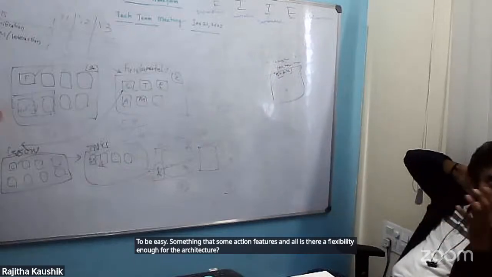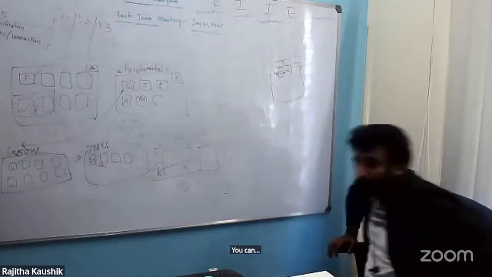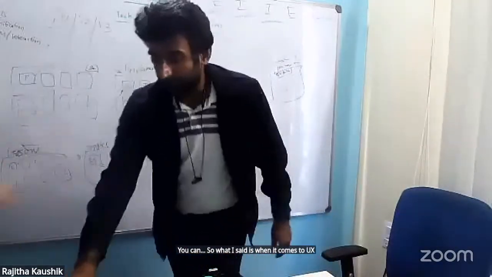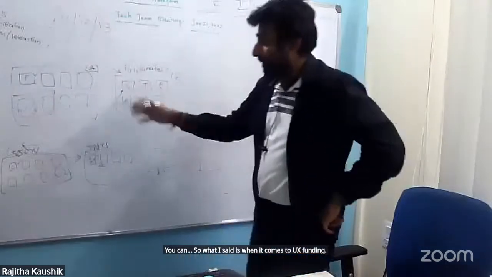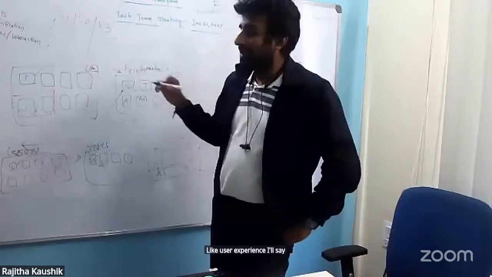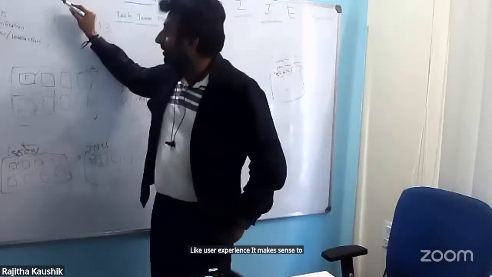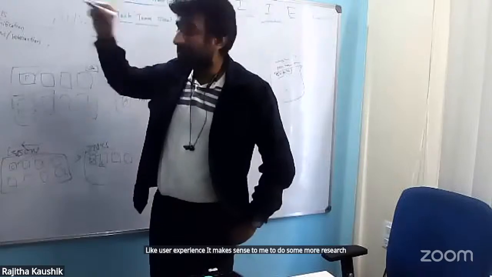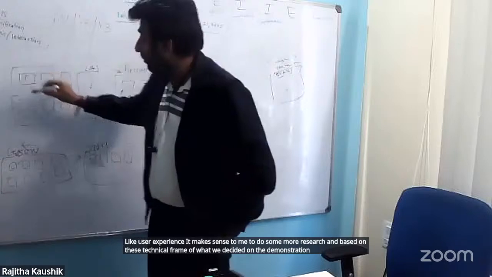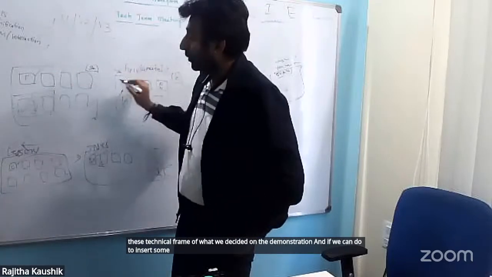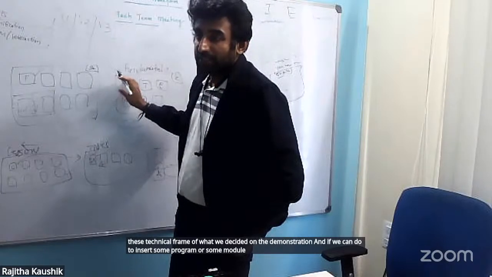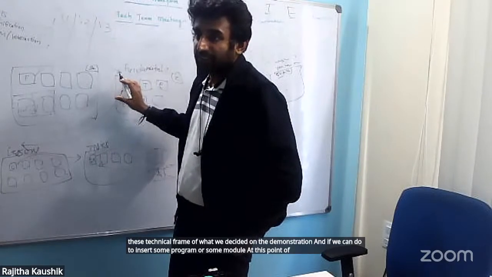Prabhuji, what I said is, when it comes to the UX part, the user experience part, it makes sense to do some more research based on this octagonal framework and what we decided on the gamification. And if we have to insert some program or module at this point of time itself, is it good?